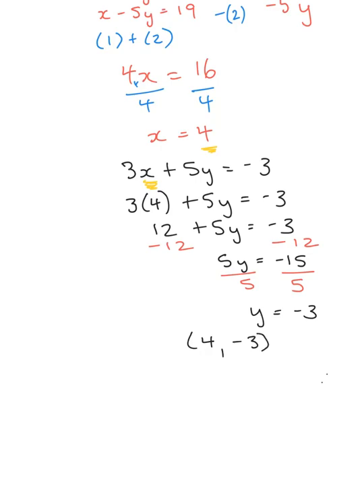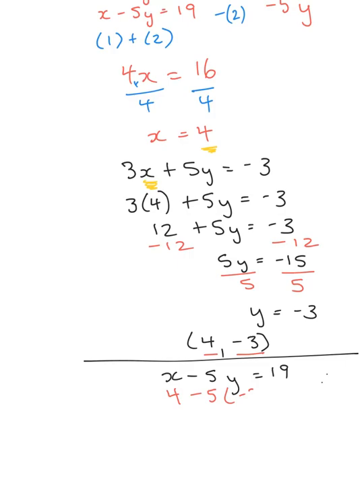I can check this solution by substituting it into the equations to see if it works or satisfies the equation. The equation x take 5y equals 19 would become 4 take 5 times negative 3 equals 19. 4 plus 15 equals 19. 19 equals 19.